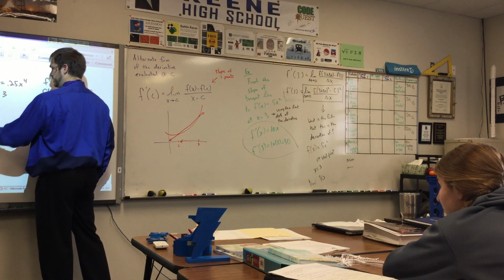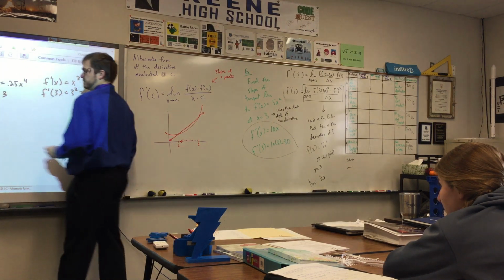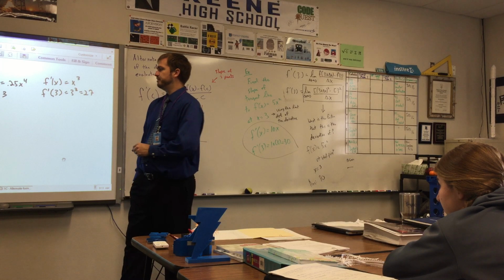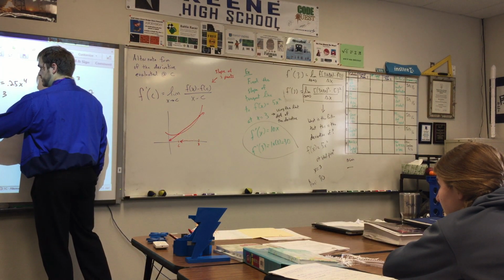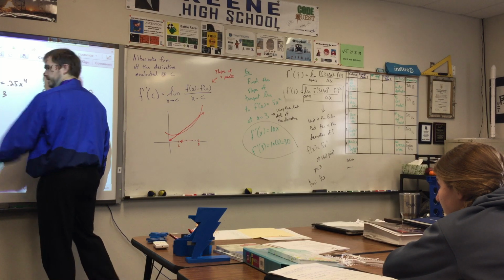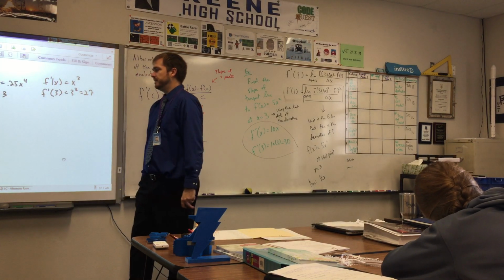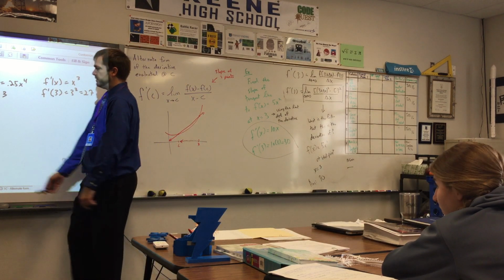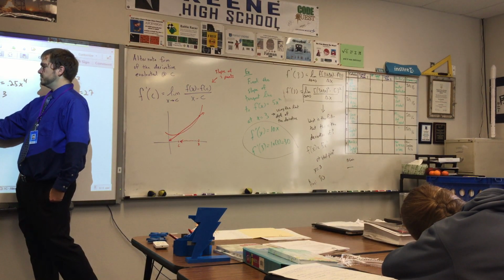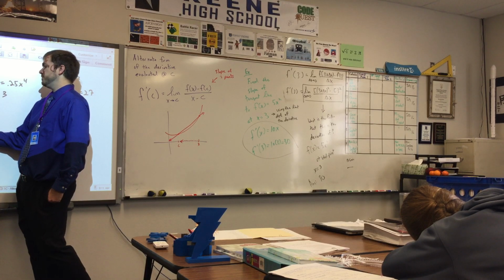What's the value that this one's evaluating on, Gracie? 1. What they don't show you is that there's an invisible 1 right there. But that makes sense, right? Because it's 1 plus h, and so therefore it's really 3 times 1.